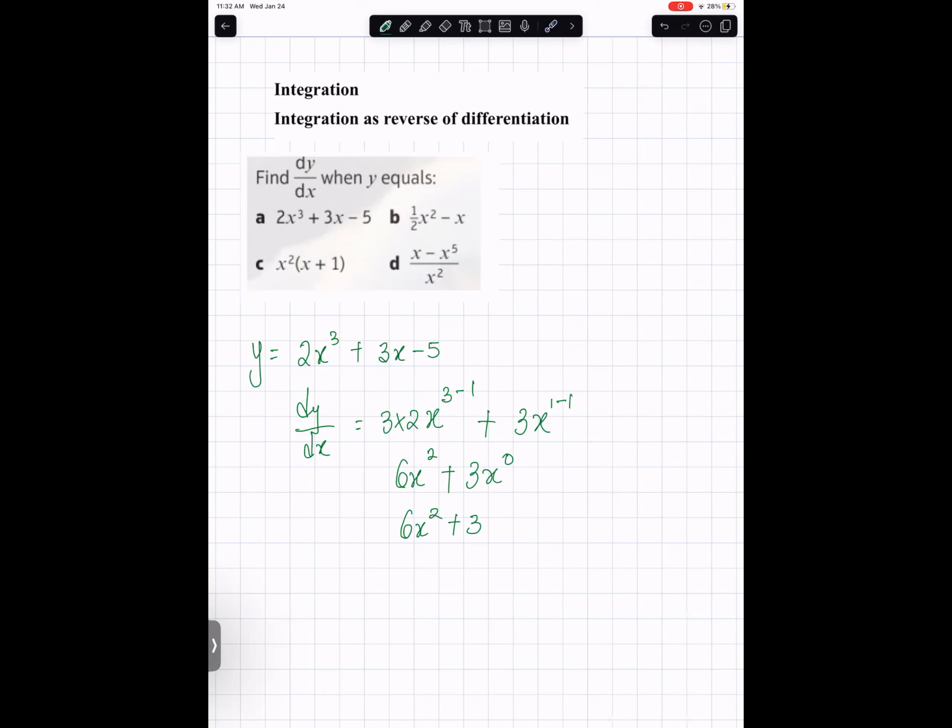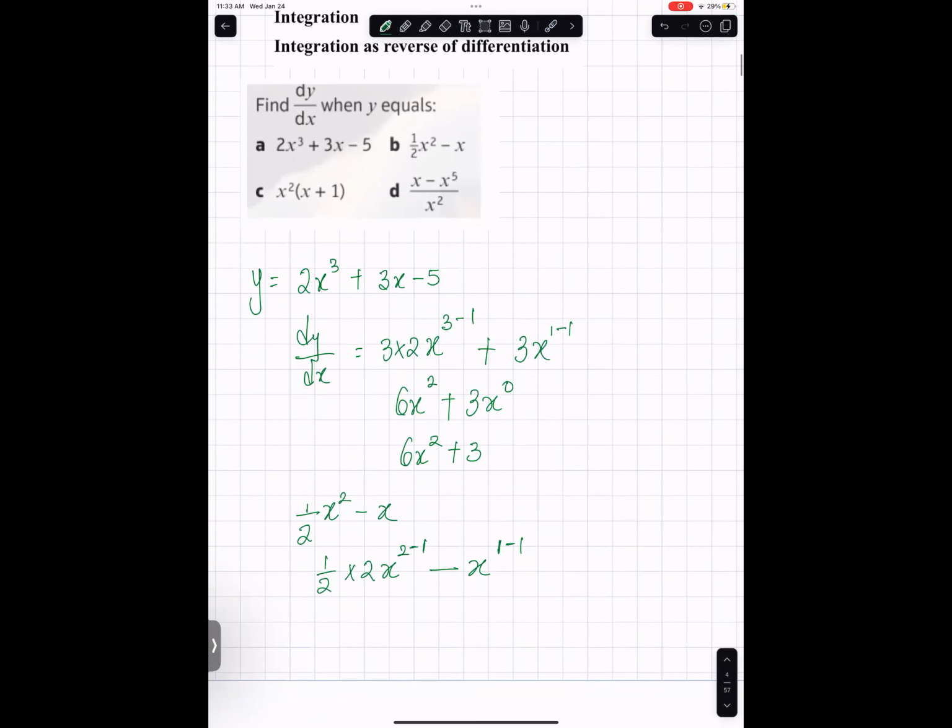Then let's move to B. Differentiating B, we have 1 over 2 x squared minus x. So what do we do? Same thing. I said you have to move this power to multiply this, and then you take 1 from the power. So I have 1 over 2 multiplied by 2x to the power of 2 minus 1, then minus x raised to the power of 1 minus 1.